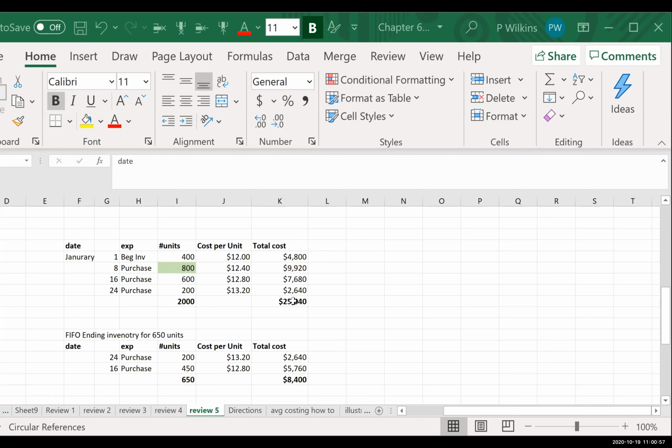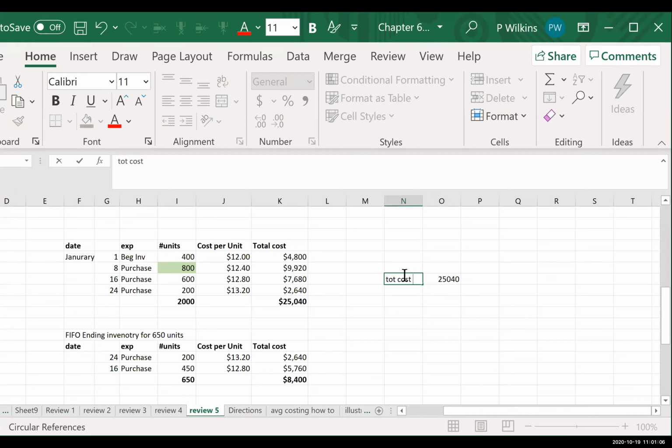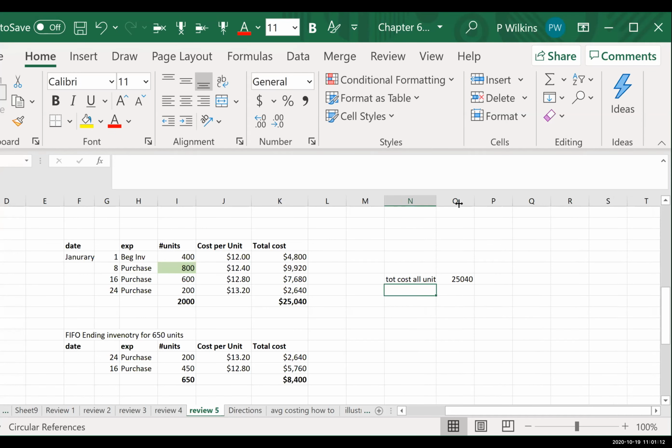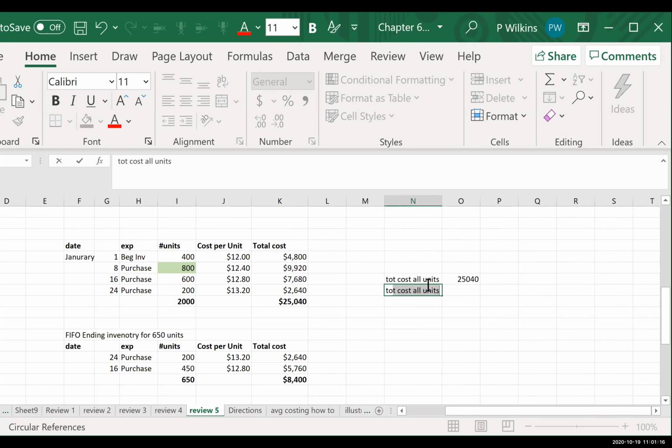So what we're going to do is take the total cost of all the units, okay? Total cost of all the units is $25,040, right? Total number of units is 2,000, right?